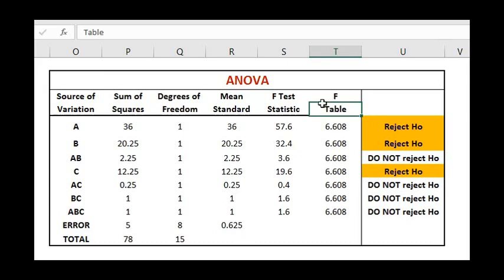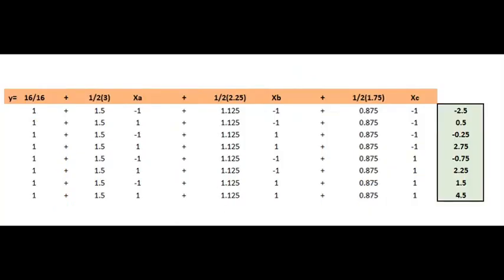With this information, we obtain that factors A, B, and C are the significant sources of variation. We can obtain the model for predicting the fill height deviation.